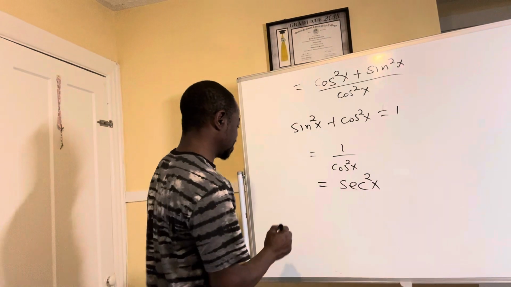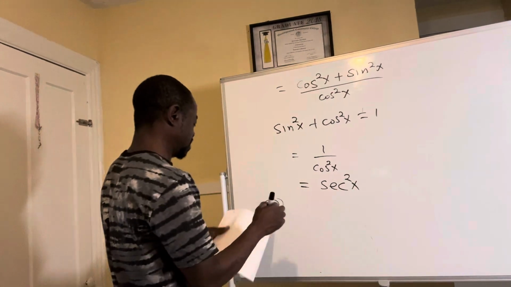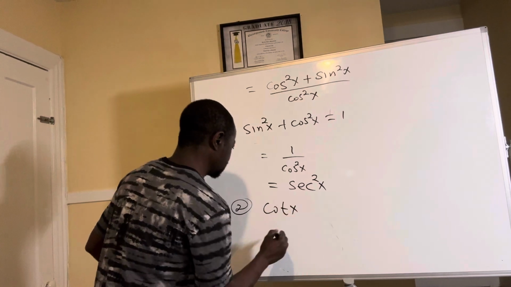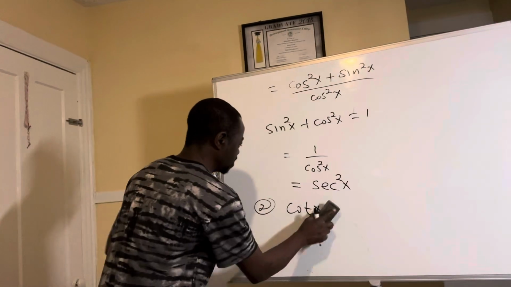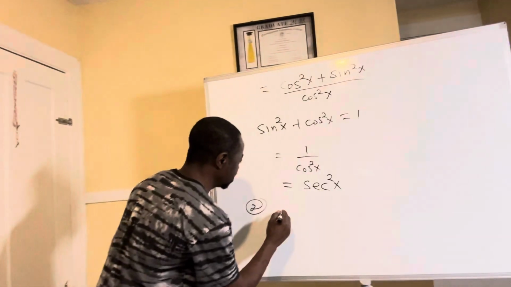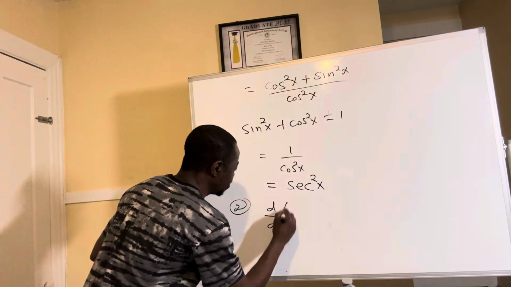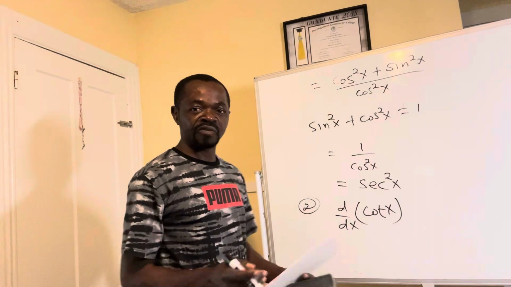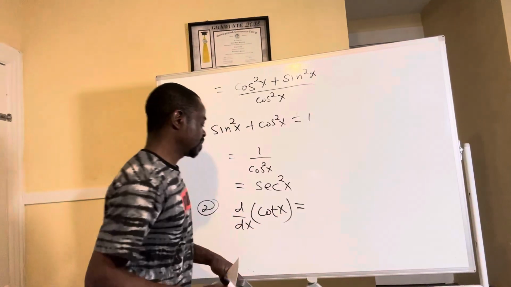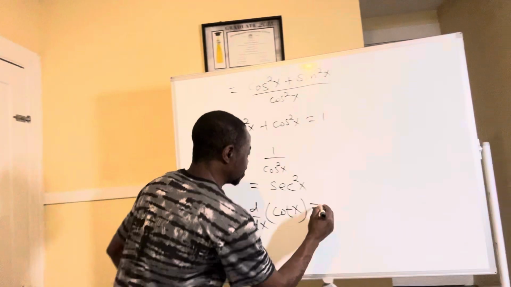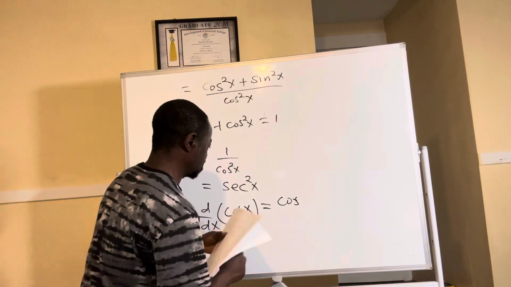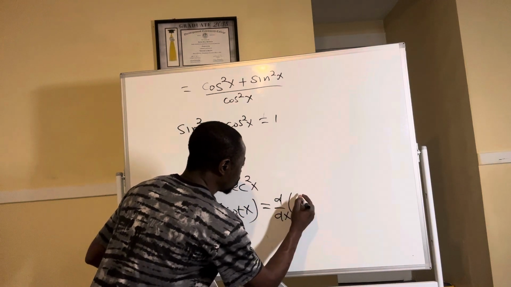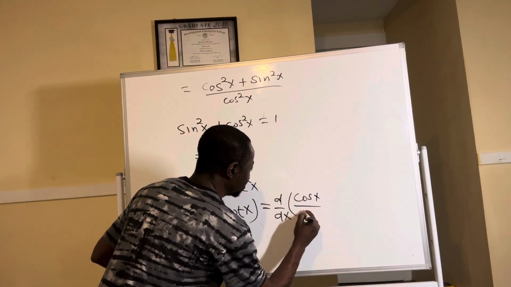Now let's move to the next example, example 2, which is cot of x. So how do we differentiate that? Cot of x, you can also express it as cos of x divided by sine of x.